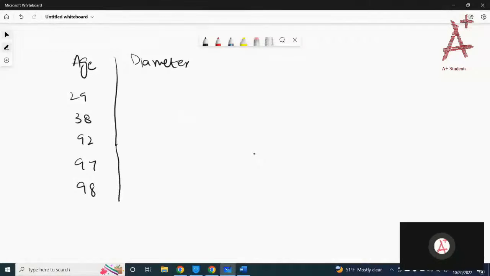The diameters are 1.1, 1.5, 2.9, 2.6, and 2.3. The least square regression line of the data set is y equals 0.021x plus 0.619. So you can use any value of x to predict the value of y.